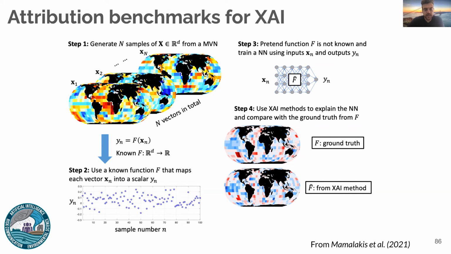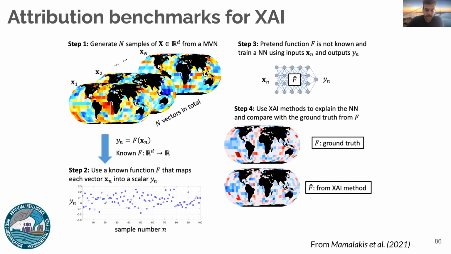Each map that you can see here in the top left is a random realization from a multivariate normal distribution with a specific spatial dependence. These maps aim to represent sea surface temperature anomalies, right? The spatial dependence is similar to what happens in observations, but the synthetic input that we are creating here never happened in reality.